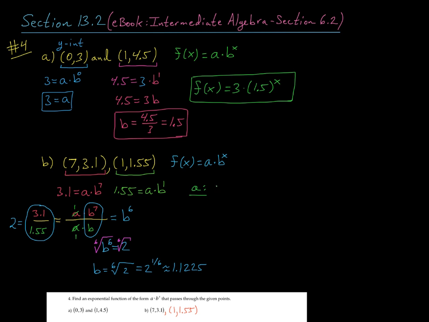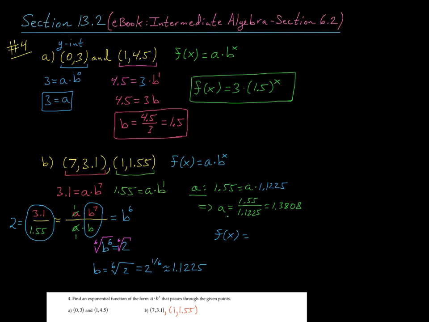And so let's see, I have 1.55 equals our unknown a times b, which is 1.1225. Alright, so then dividing, we'll get that a is 1.55 divided by 1.1225, and that comes out to be about 1.3808.